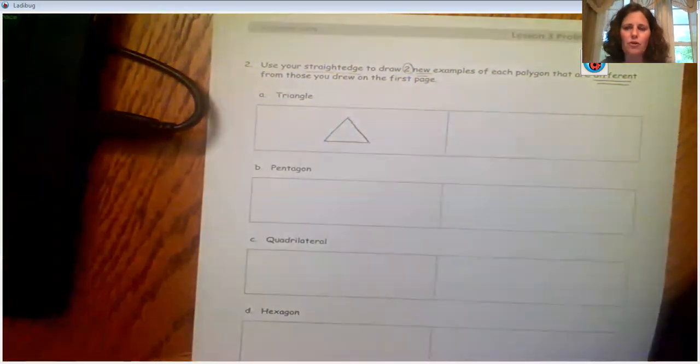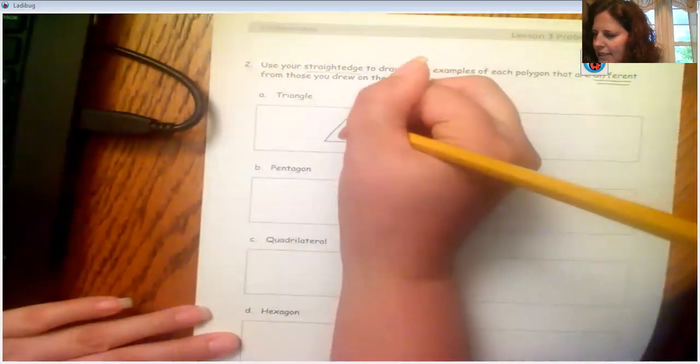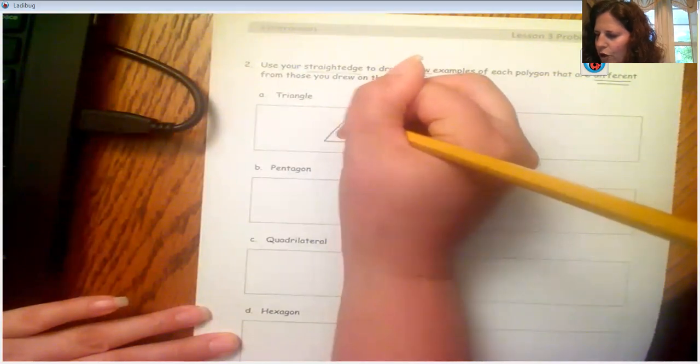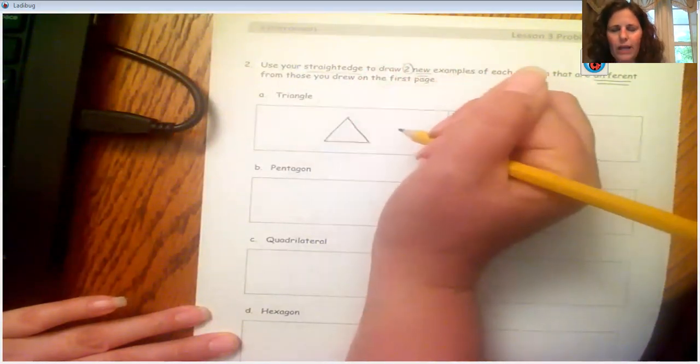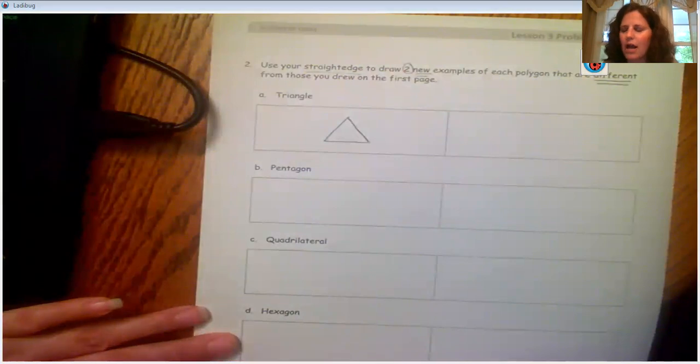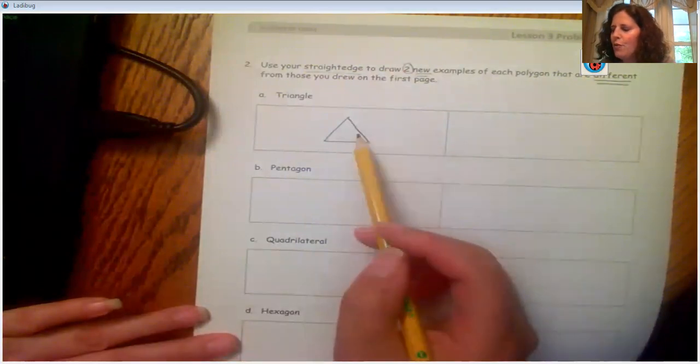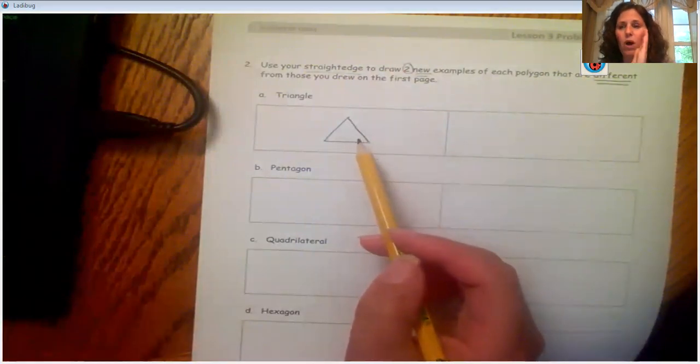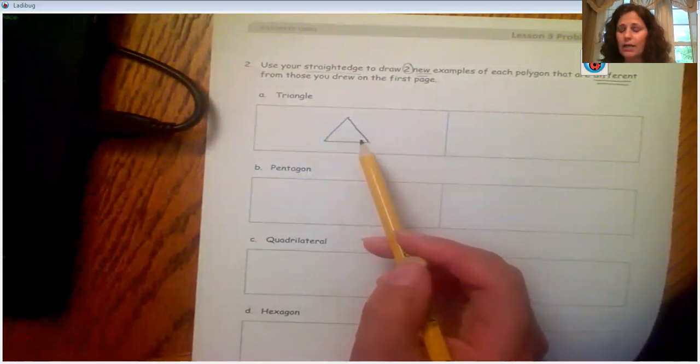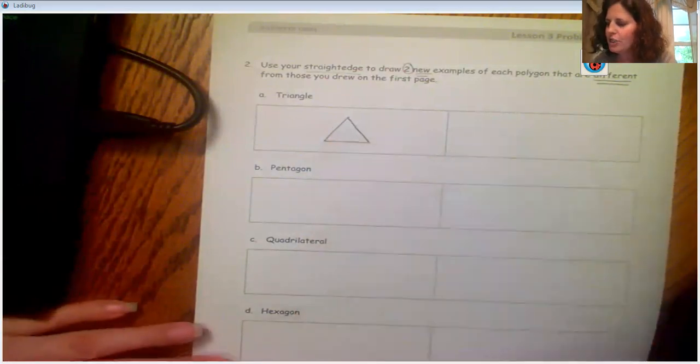That is to help us draw nice straight lines. If you are able to draw nice straight lines where the corners meet to create a point, then I think you're okay to not use your ruler. If you wanted to maybe use your ruler to draw one line to get yourself started, that might be a good idea. So here is a triangle that is different.